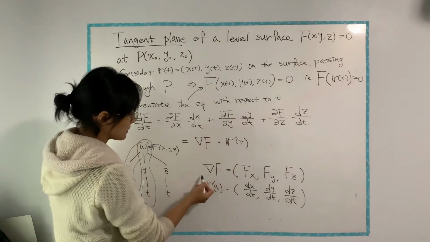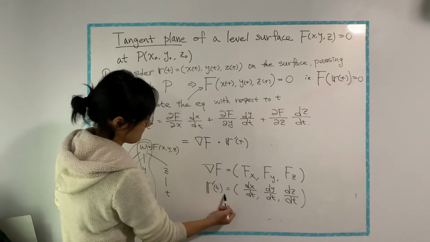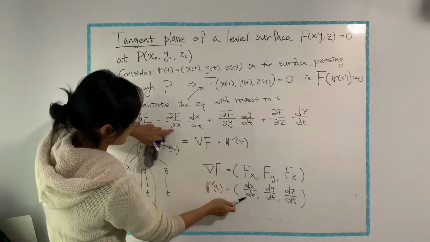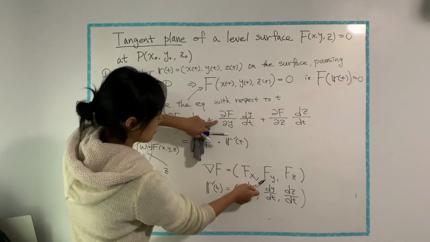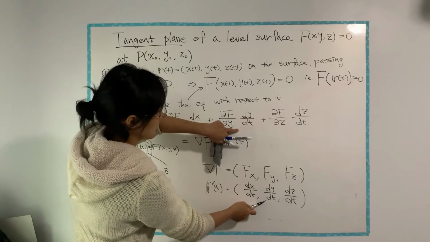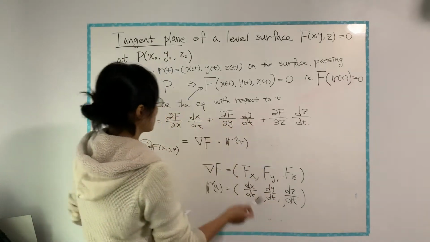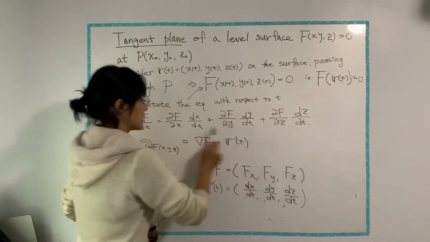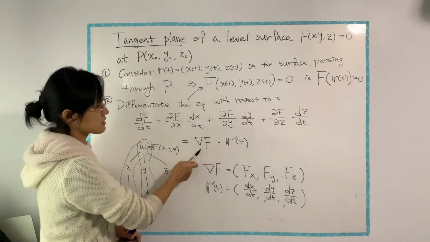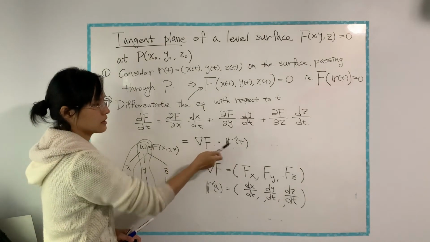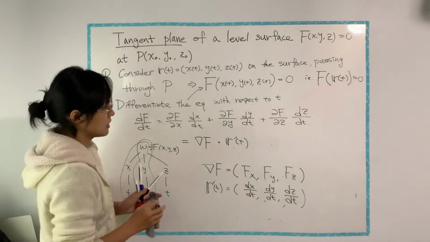Now I have gradient f dot r prime. So that will be df dx times dx dt plus df dy times dy dt plus df dz times dz dt. So you can see that this formula that we get from chain rule is nothing but gradient f dot r prime. Right? This is what we know from the chain rule. Okay?